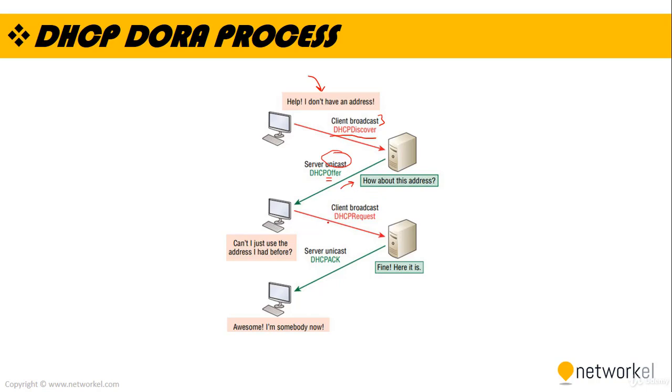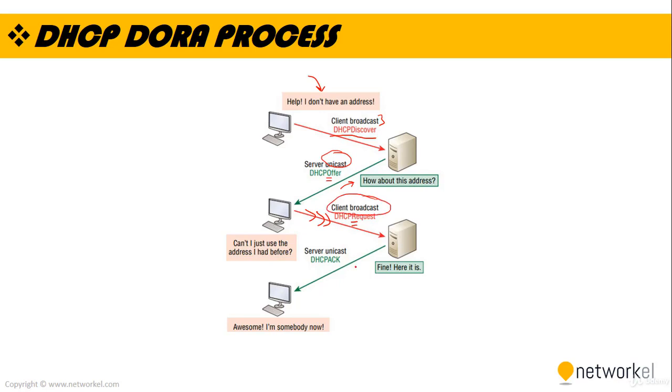The client takes this message and says, for example, can't I just use the address I had before, or it can also accept the IP address that the DHCP server offers. This message, saying it's okay, I'm accepting your offer, is a DHCP request message, sent as a broadcast again.